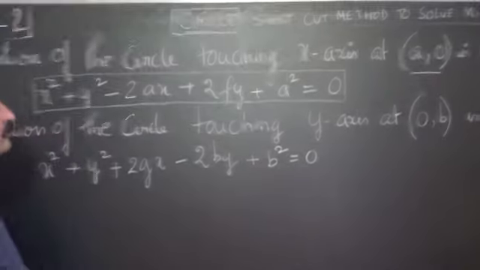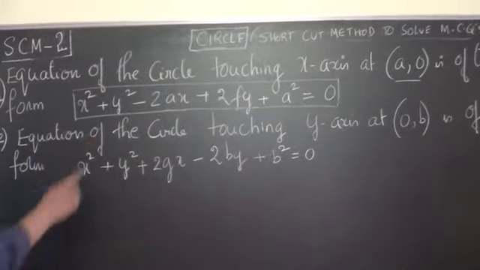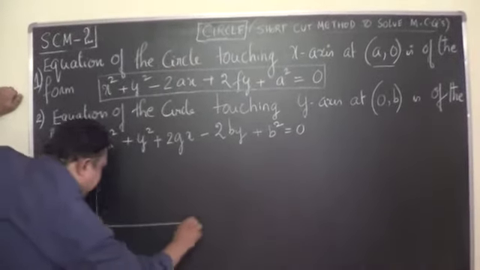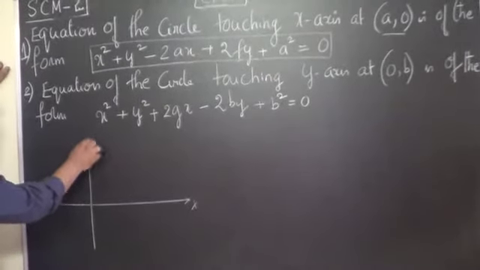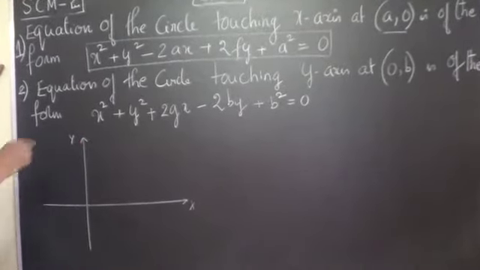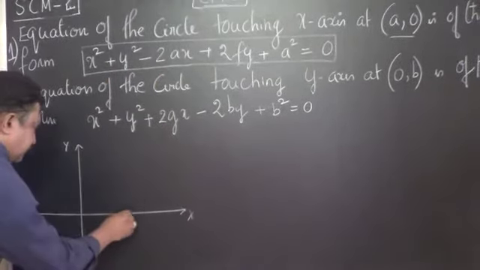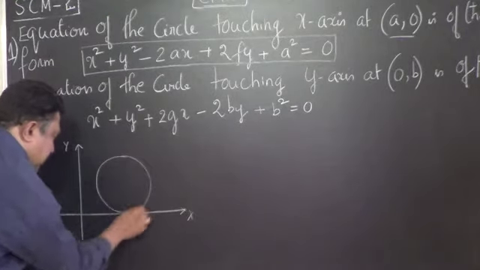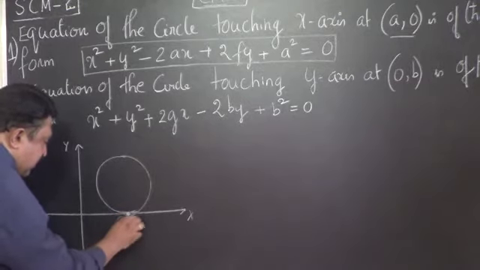Notice this equation. The circle is touching the x-axis at a comma 0. If we understand this by means of a diagram, I will draw the x-axis and the y-axis. The circle is touching the x-axis at a comma 0, so the x-axis is like a tangent to the circle, and this point of contact is a comma 0.